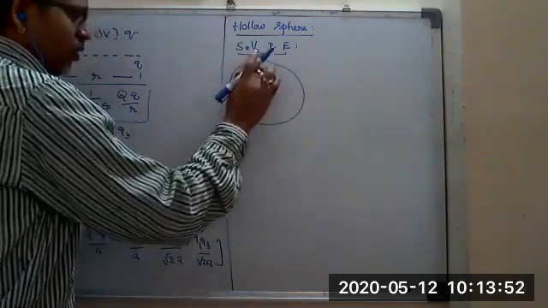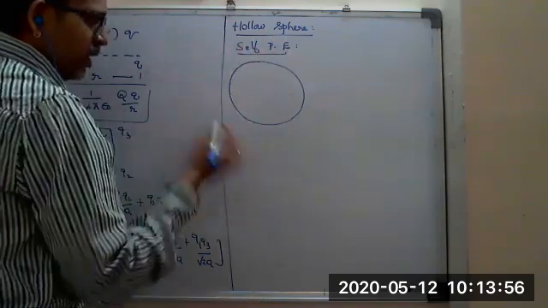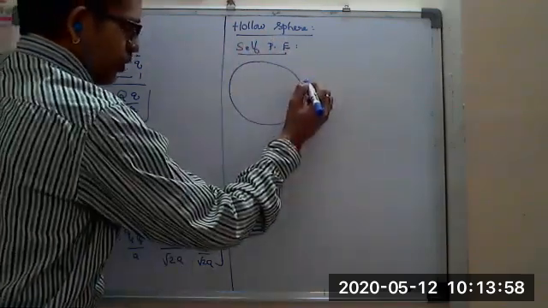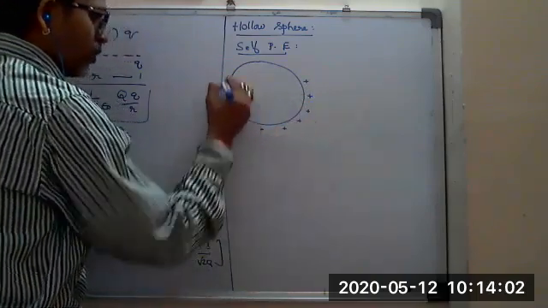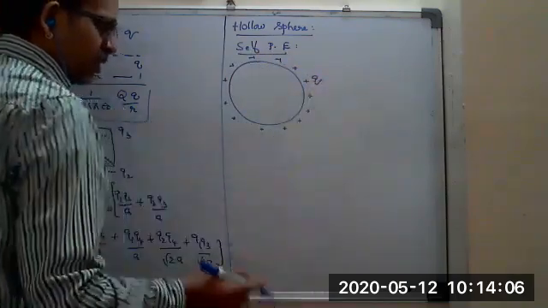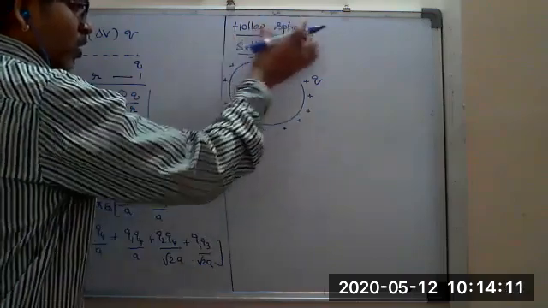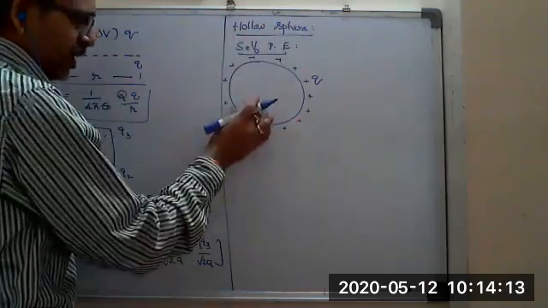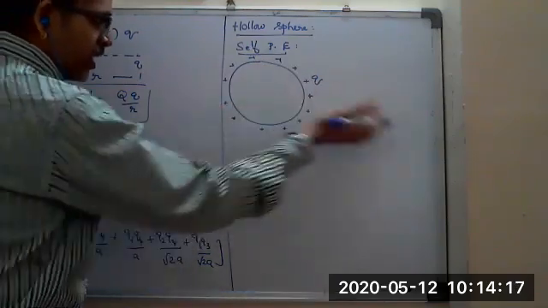First we ask why it gets some potential energy, sir. First thing is, suppose you give some amount of charge at an instant. This is the charge given. Since it is a hollow sphere, whether conducting or non-conducting, the charge resides over the surface.